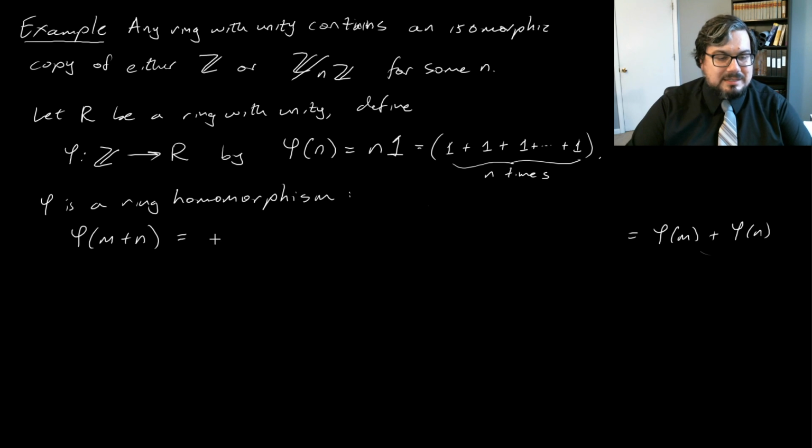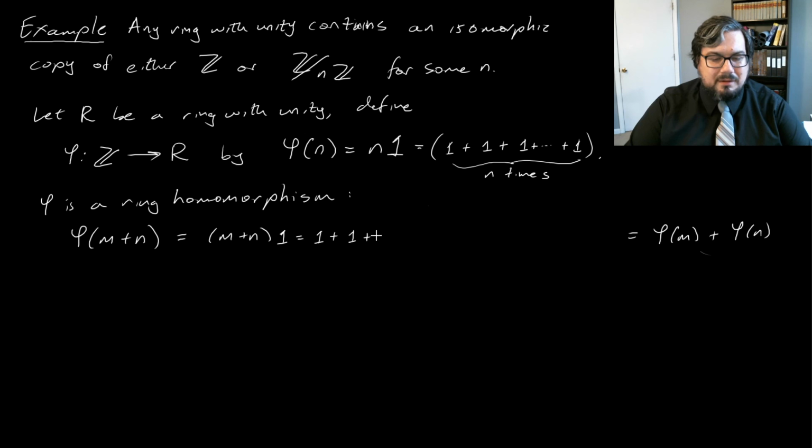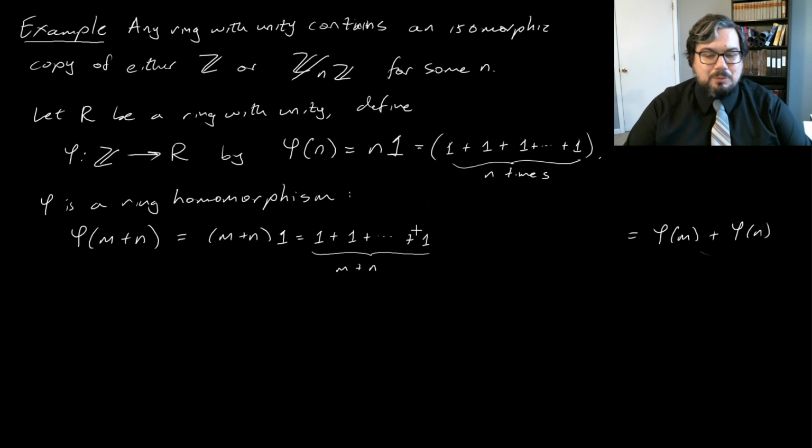So phi of m plus n is, by definition, m plus n times 1. So this is adding up 1, m plus n times. But if we add up 1 m plus n times, then we can certainly break it up to have the first m summands, then the first n summands.